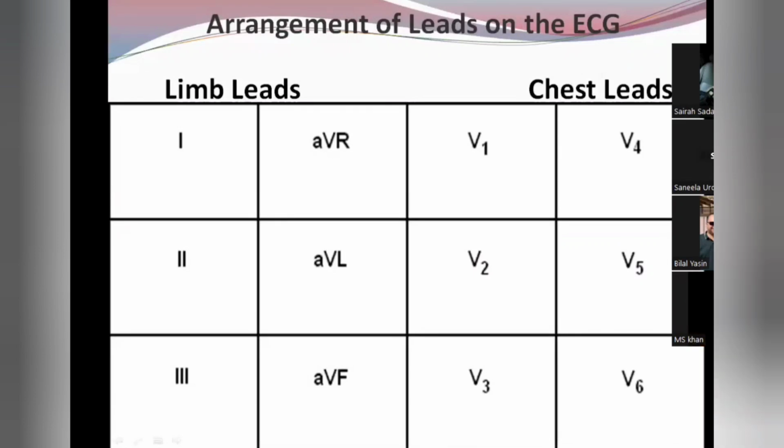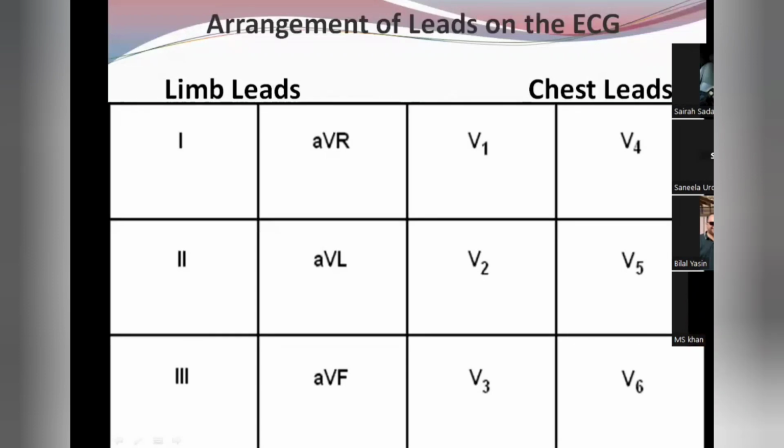Have you ever thought about it, that when we have only 9 electrodes, how come we have a 12 lead ECG? When we have only 9 electrodes, placed on the different parts of the body, arms, leg, and the heart, or the chest, then how come the 9 electrodes give us information about 12 leads or 12 sides of the heart?